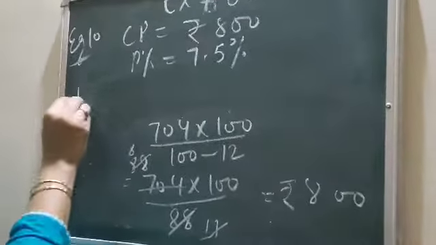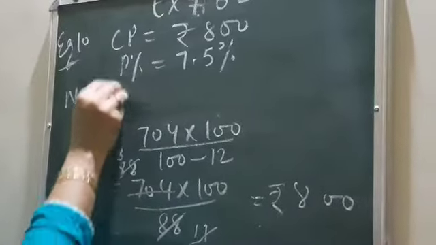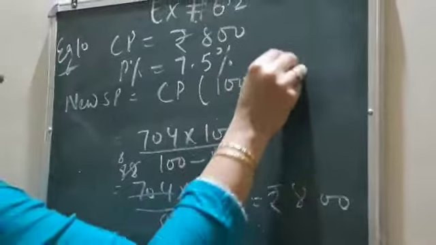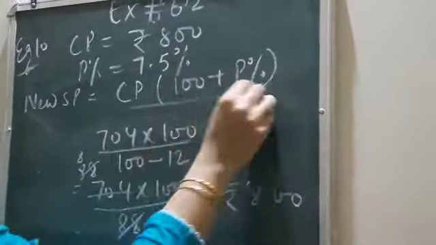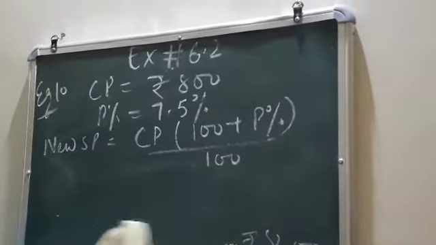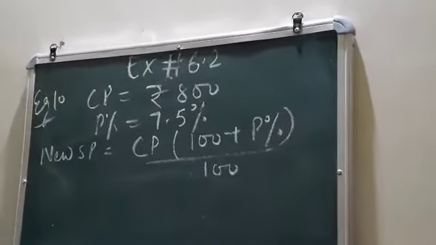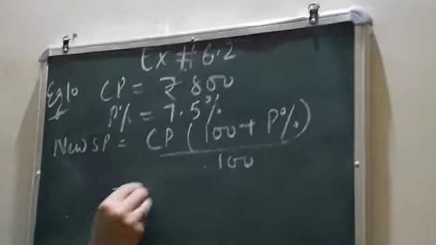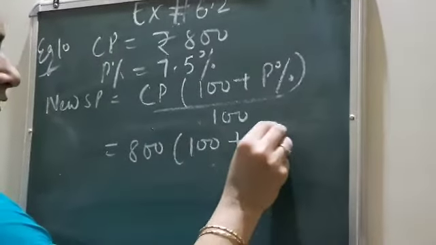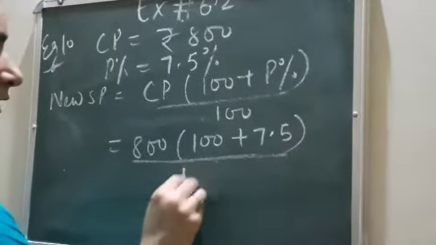So for finding new SP, formula will be CP into 100 plus profit percent upon 100. We have done this formula. Whenever SP has to be found and CP and profit percent are given, you will apply this formula. So 800 into 100 plus 7.5 upon 100.